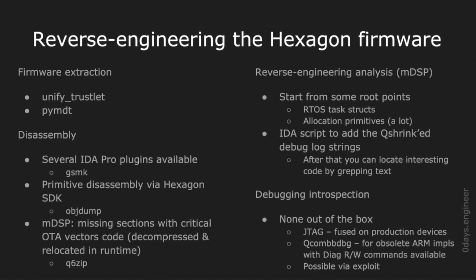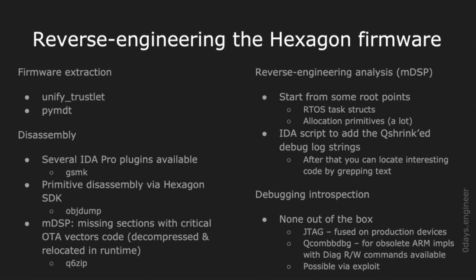During this project, I partially reverse engineered the Hexagon modem firmware from my implementation, from my Nexus 6P. The process of reverse engineering is not very difficult. First of all, you need to download the firmware from the website, from Google's website in this case. Then you need to find the binary which corresponds to the modem firmware.